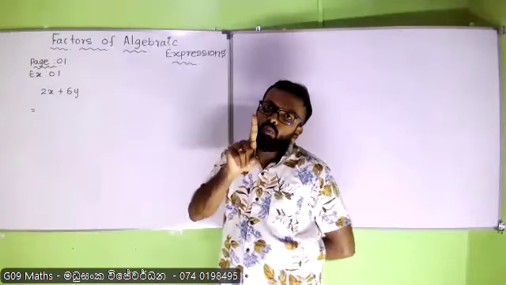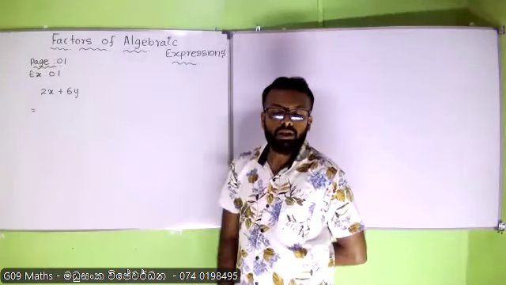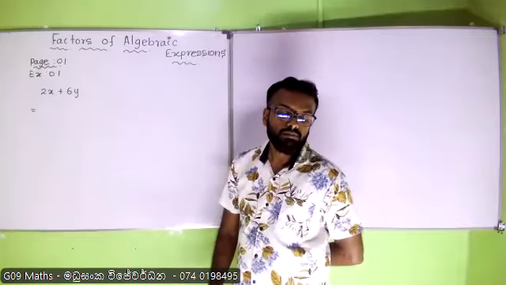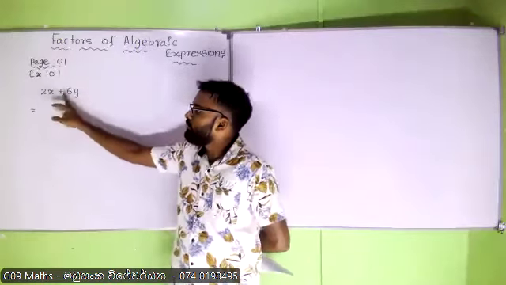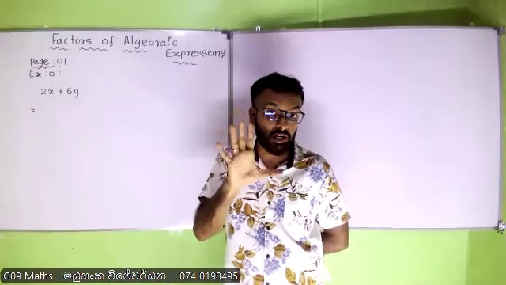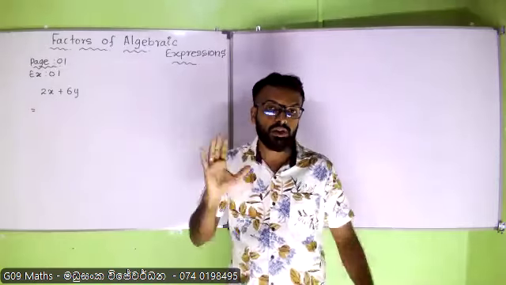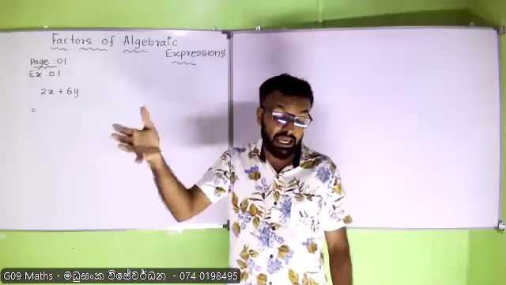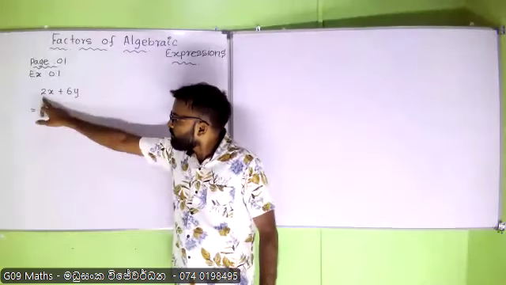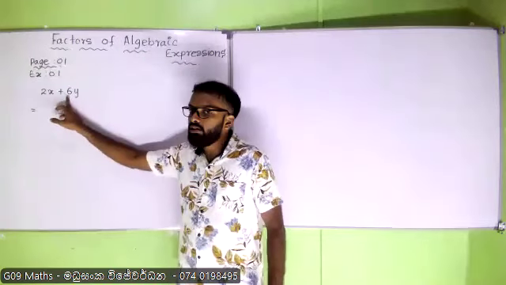And you know how to obtain the HCF, the highest common factor, for this term and this term. I am explaining the very basics from grade 8. Here you have 2, here you have 6.